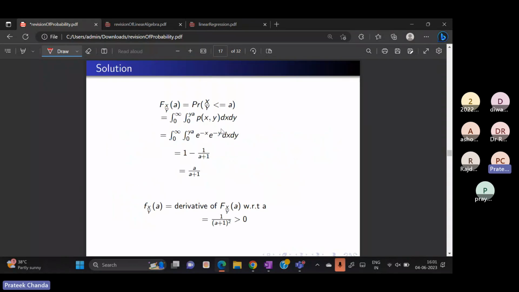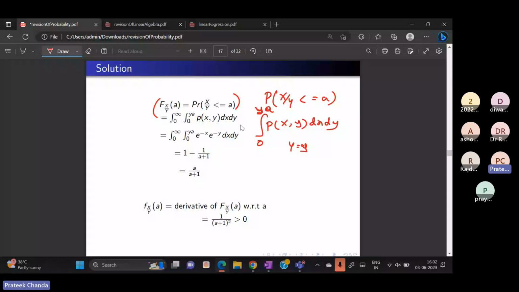How I do it is, we first calculate the cumulative distribution, which is given as follows: x by y less than or equal to a. I can write this as the integral of p of x comma y dx dy, and since y is in the denominator, I can move it to the numerator on the other side of the fraction, and I get the limit as follows.